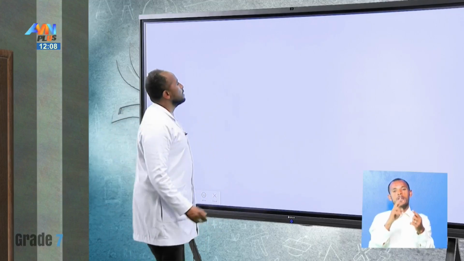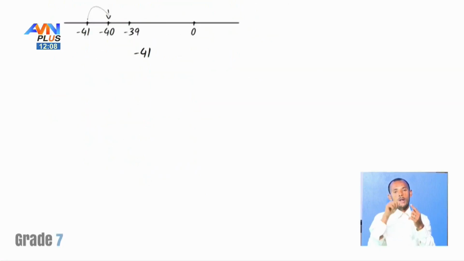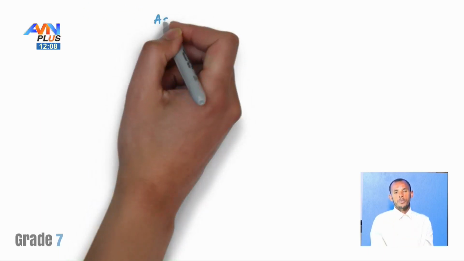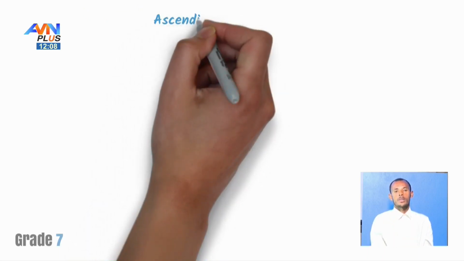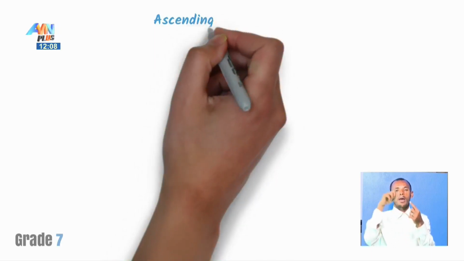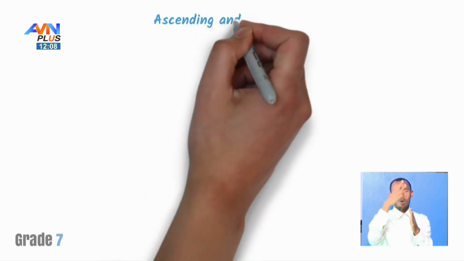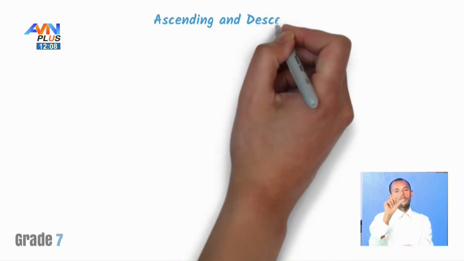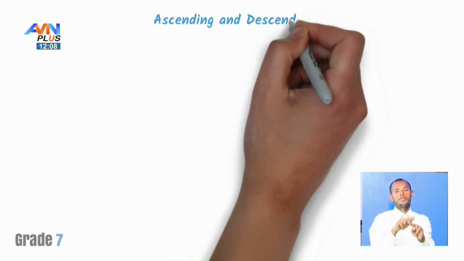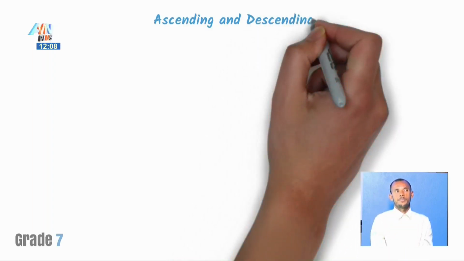The next section is ascending and descending order of numbers.